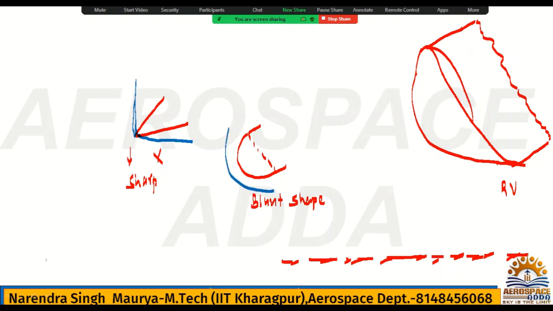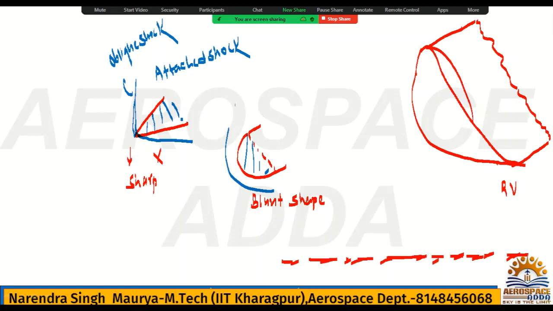This shock here is the oblique shock, and it is also called an attached shock. This is the object, the space shuttle or re-entry vehicle.